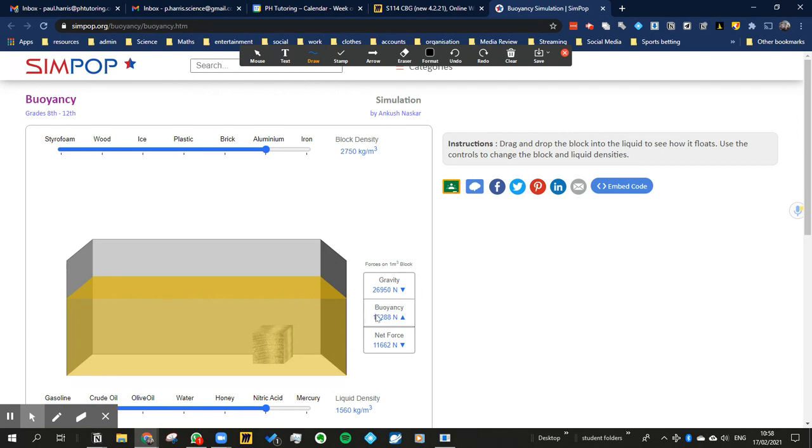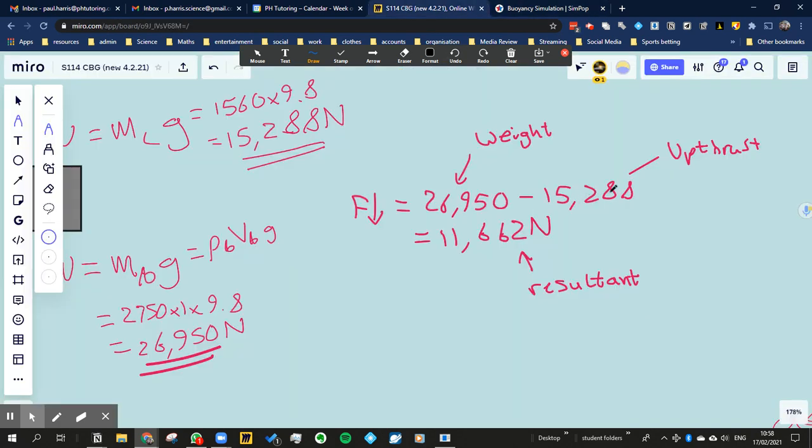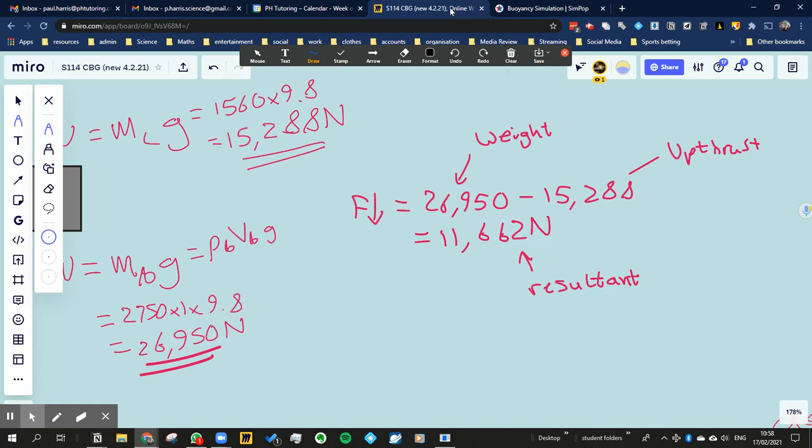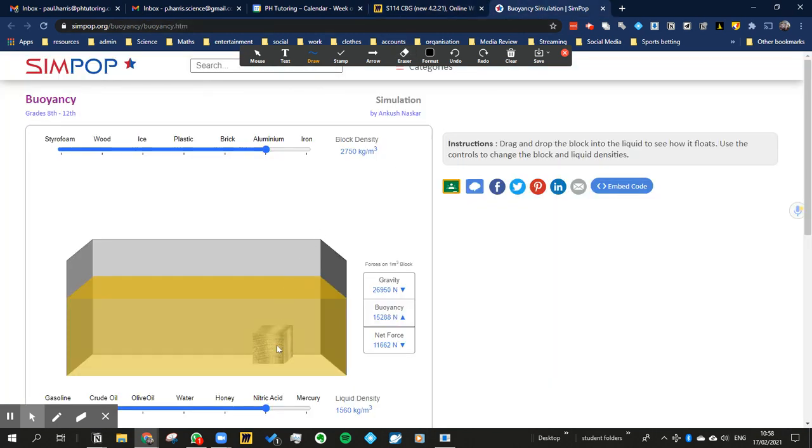The buoyancy, so the upward lift, the upthrust, 15,288. The net force, 11,662. And you can see it sinks. So we got that right.